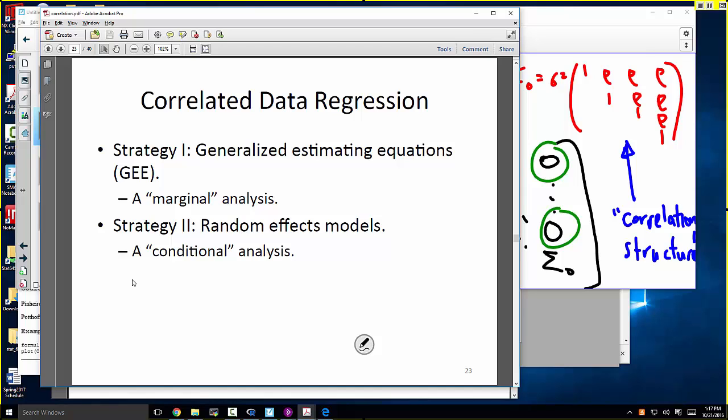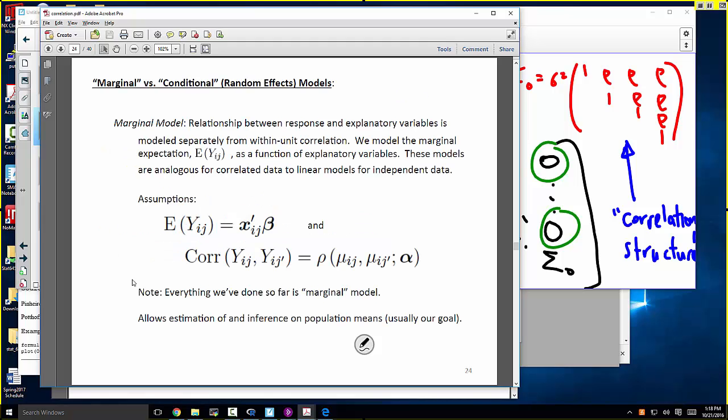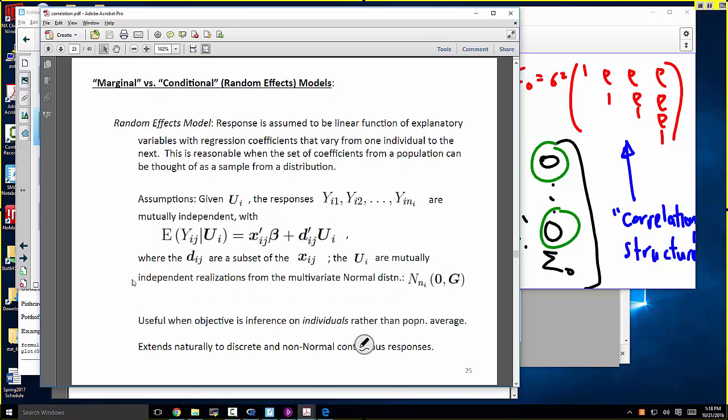GEE is referred to as a marginal analysis, whereas random effects are referred to as a conditional analysis. The reason they're called conditional is that in a random effects model, like on this slide, slide 25, what we say is that the expected value of the response given the random effect or vector of random effects is a linear model.